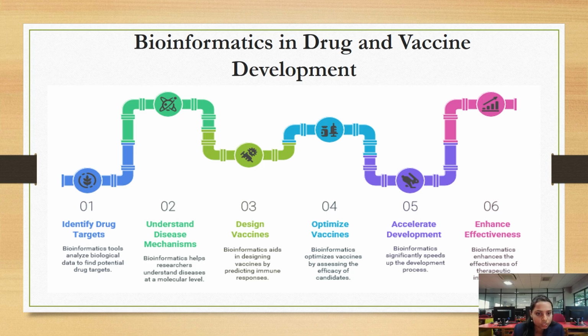Based on that, we understand the mechanism, how it is working and what the cause is at the molecular level, and that helps us design the vaccine. After designing the vaccine, we accurately and efficiently go for optimization of the vaccine, which really helps accelerate its development in a speedy mode, and then we enhance it effectively.